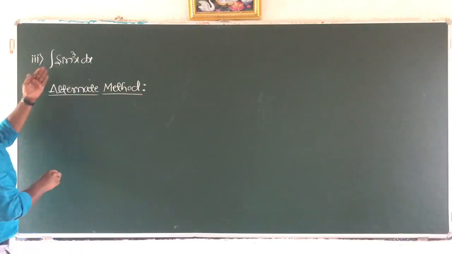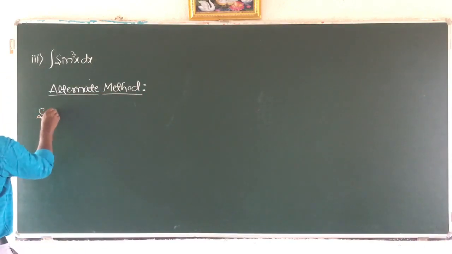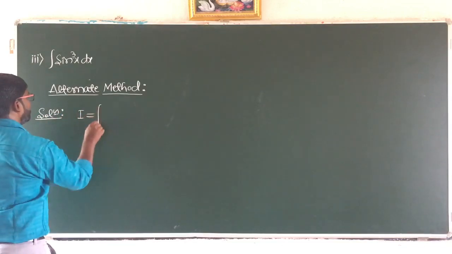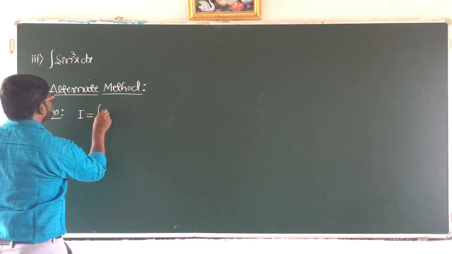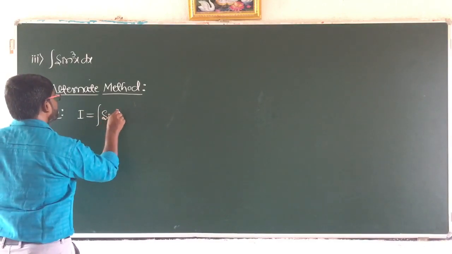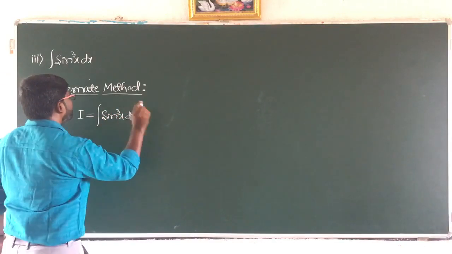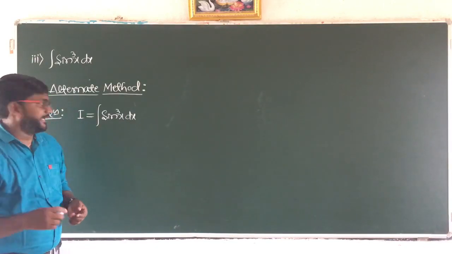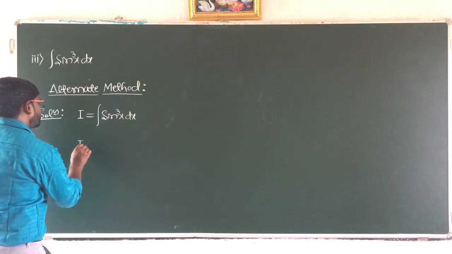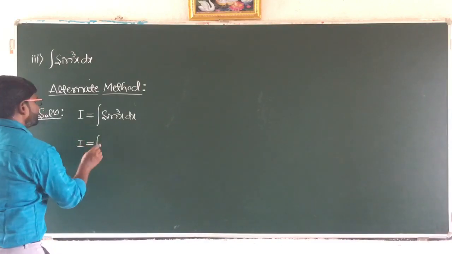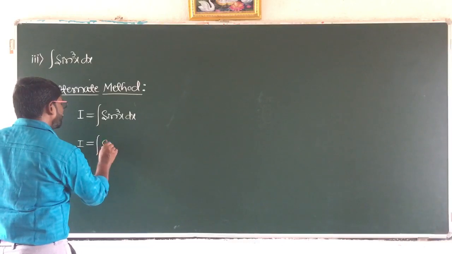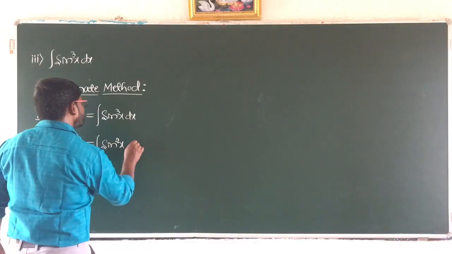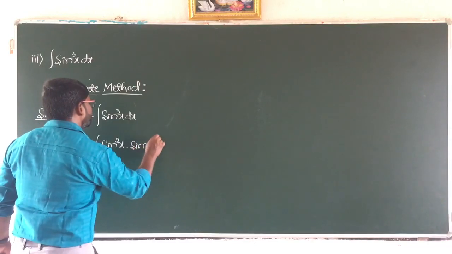So I take this as I which is equals to integral sin cube x dx. So now sin cube x can be written as sin square x into sin x. So I which is equals to integral, this can be written as sin square x into sin x dx.